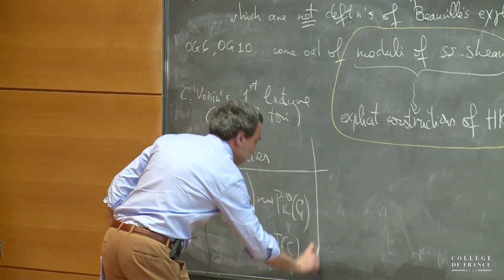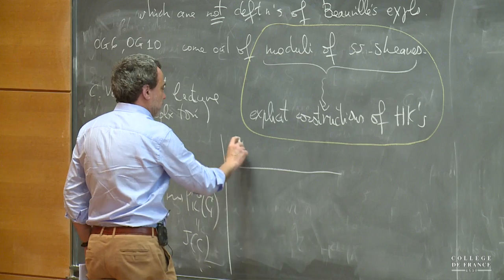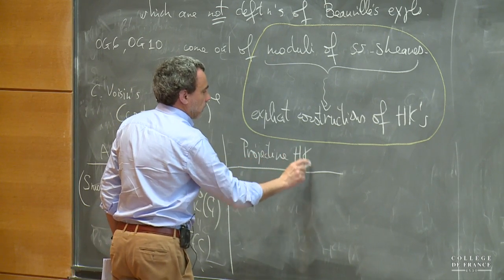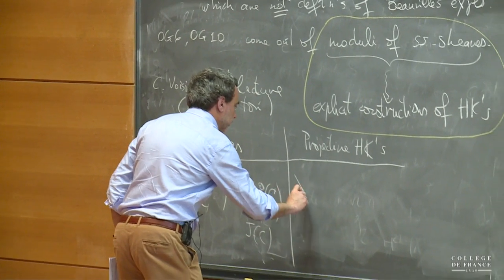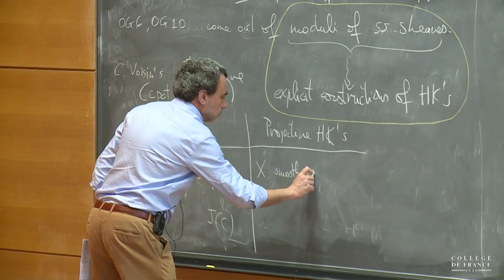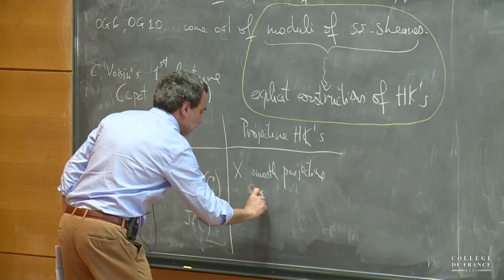And here, if we look at, say, projective hyperkählers, what we have is we start with X, a smooth projective symplectic surface.